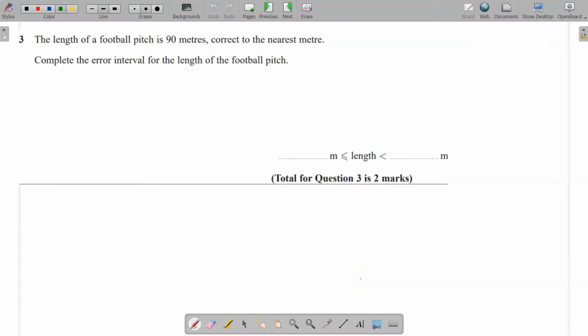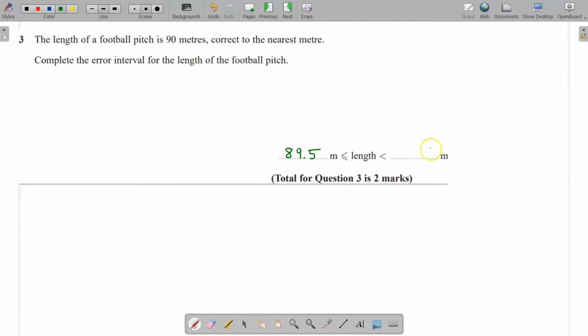This question is about writing an error interval, and this is basically saying what range of numbers could 90 have come from if it was given to the nearest meter. Well, the smallest it could have been is 89.5. If it was 89.5 or more, then it would be rounded up to 90.